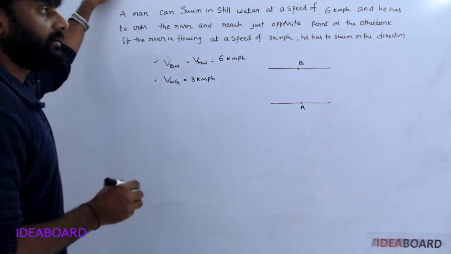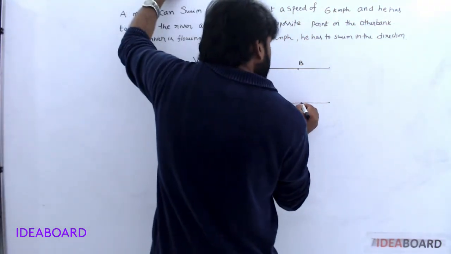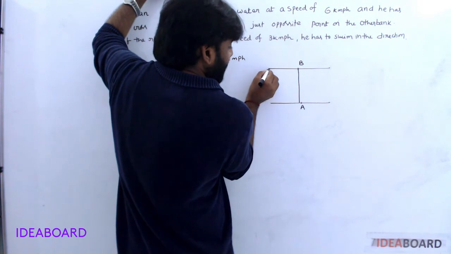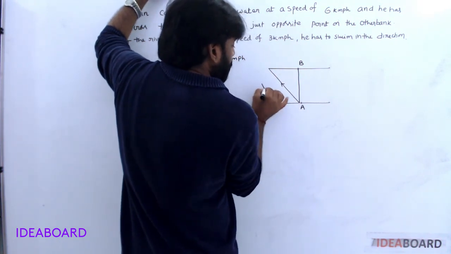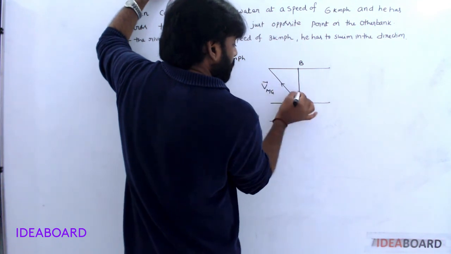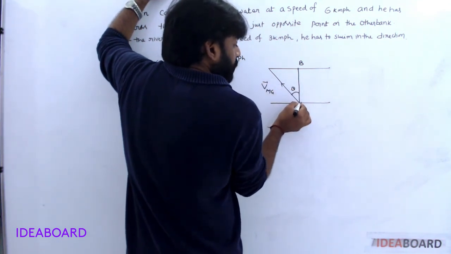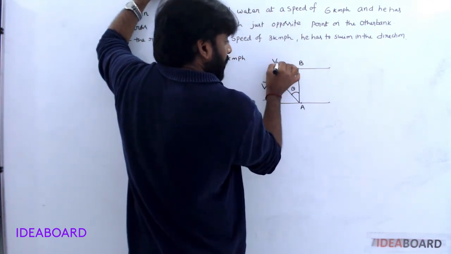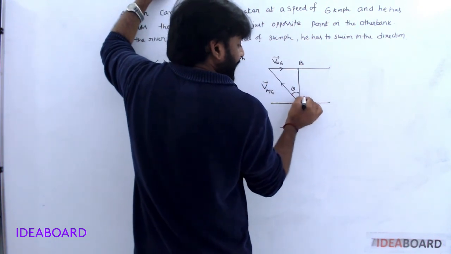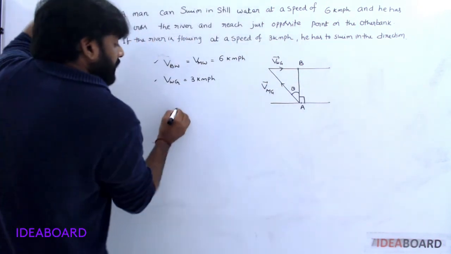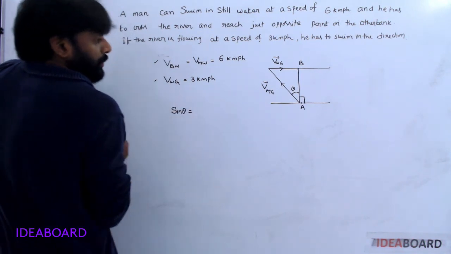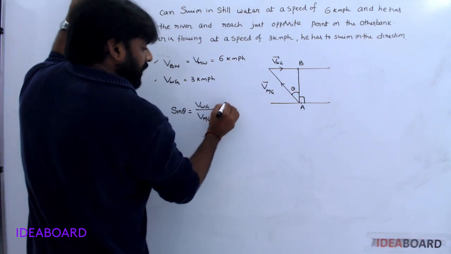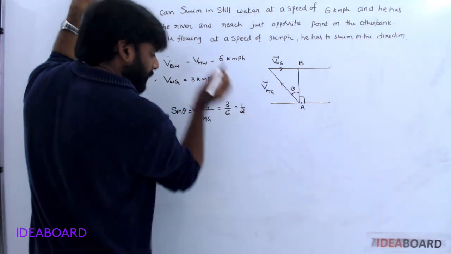He has to swim in which direction? Required one is the direction. To cross to the exactly opposite point, man velocity with respect to ground, so this direction is required. This one is water velocity with respect to ground. Required one is the total angle. From this, sin theta is equal to water with respect to ground by man velocity with respect to water, 3 by 6, that is 1 by 2.